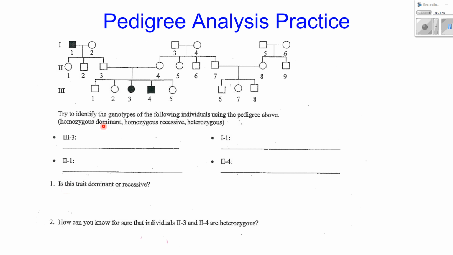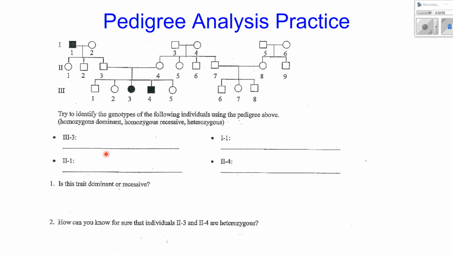Is the trait that this girl has, this boy has, and this papa up here, is that trait a dominant trait, or is it a recessive trait? And they didn't put it on the worksheet here, but is it a sex-linked trait, or is it autosomal? So figure that out first, okay?